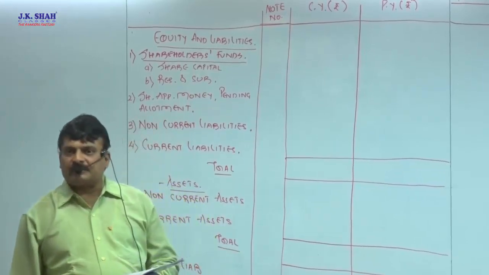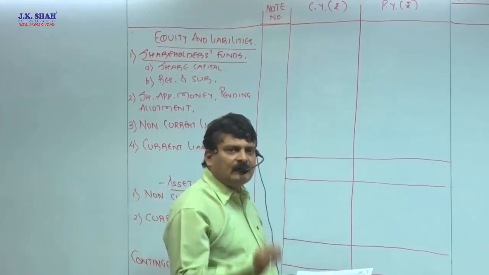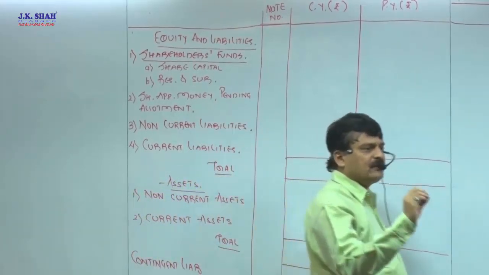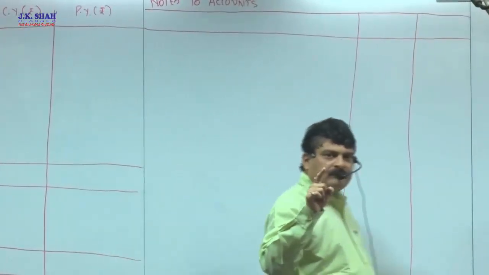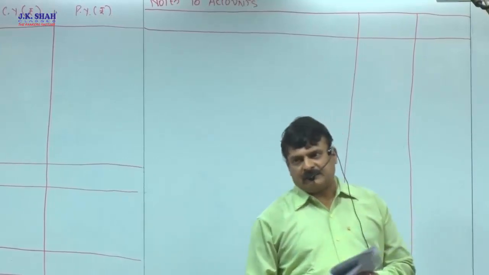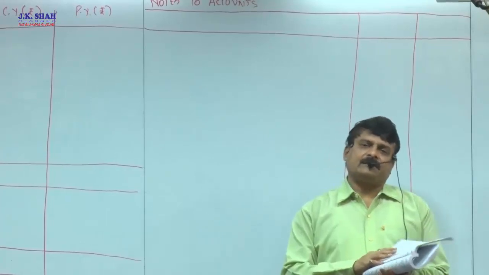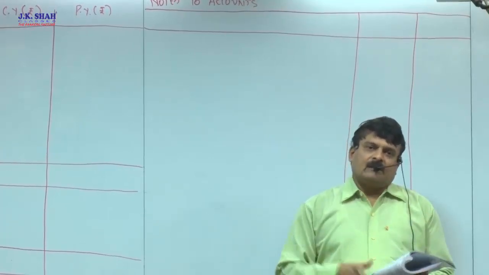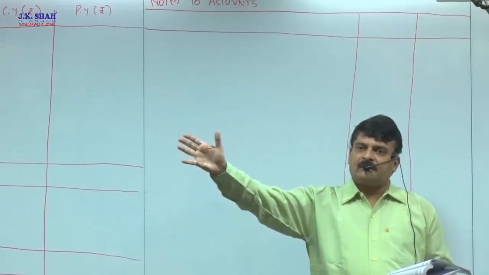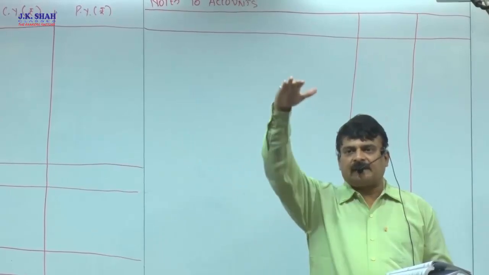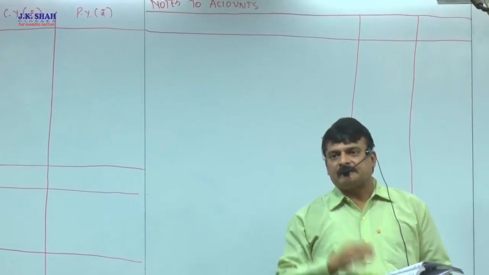Capital work in progress. What do you mean by capital work in progress? Any tangible asset owned by you but not yet ready for its use. Simplest example. Our company has given a contract to construct a 5-floor building for our corporate office.